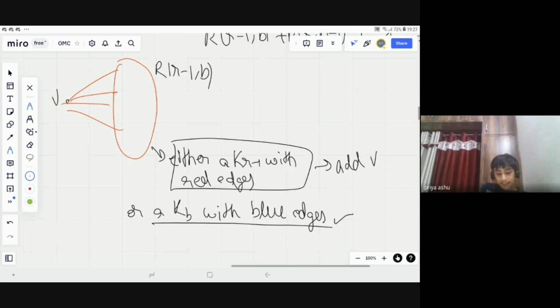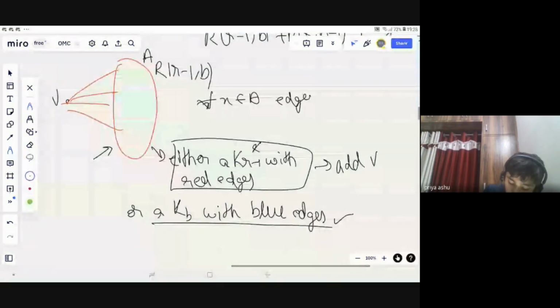Because every edge in this K_{R-1} is already red, and every edge in this red set was red from V, call this set A. So for all x in A, edge Vx is red. And thus V is red to all these R-1 vertices, and we have a K_R with red edges.